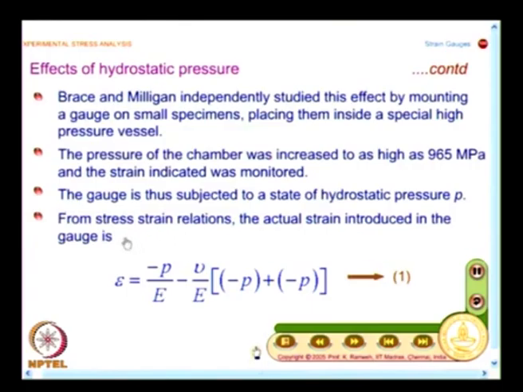Because the problem is very important and also complex, as I mentioned, a series of experiments have been done by Brace and Milligan, and they attached strain gauges to small specimens and placed them inside a special high pressure vessel. And what they did was they increased the pressure to the extent of 965 MPa.